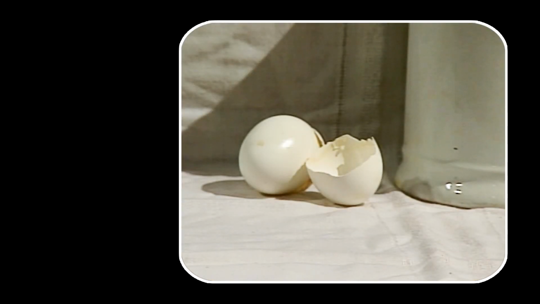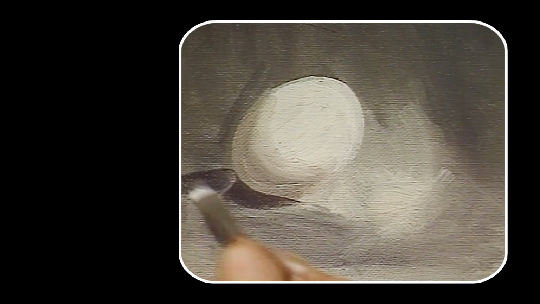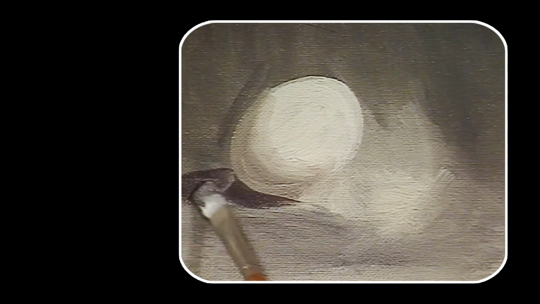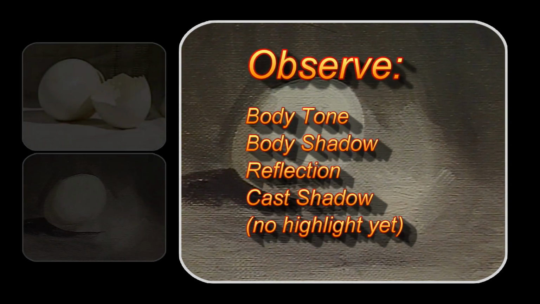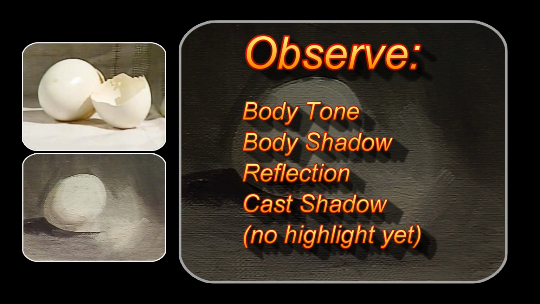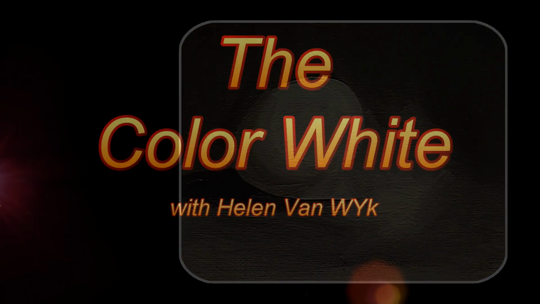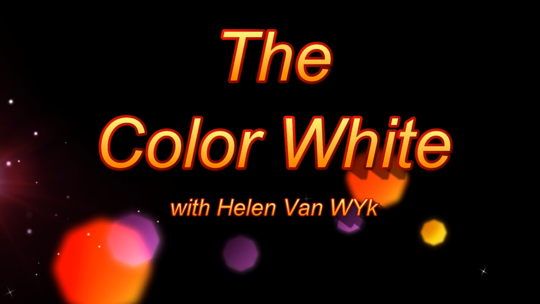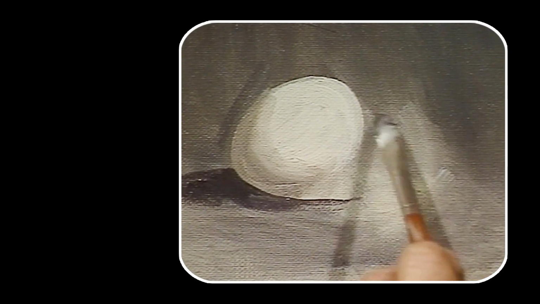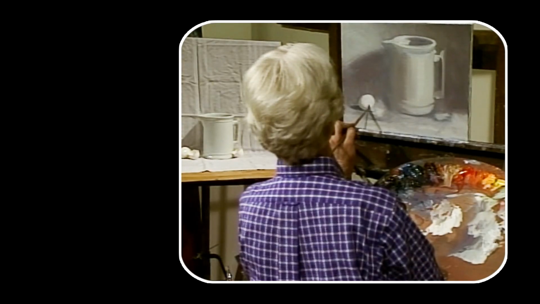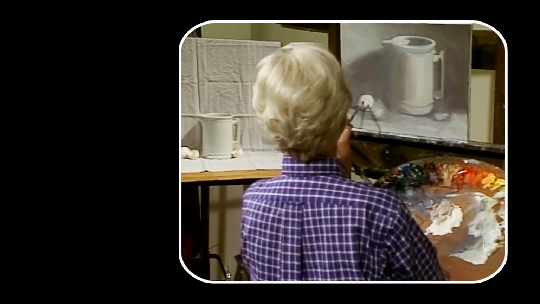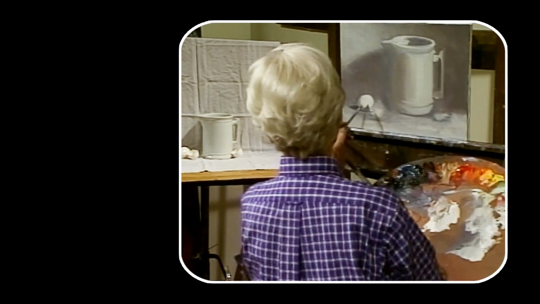And then the egg stands on its own, with its cast shadow. This egg is casting a shadow, this shell is casting a shadow on the back egg, which I need. I need that dark.